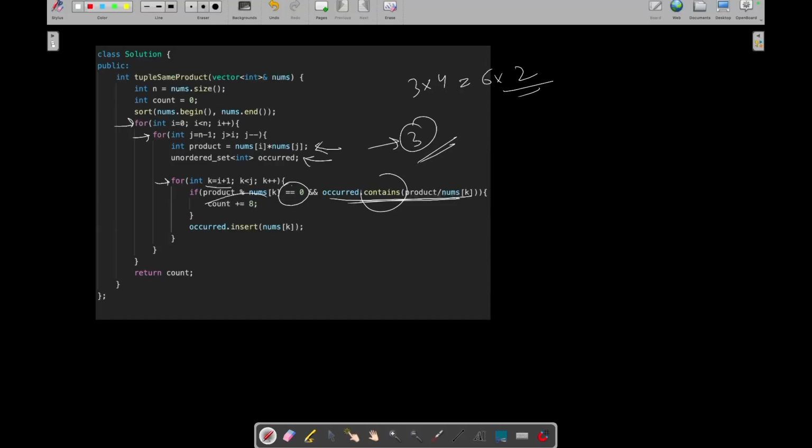So we will increment the count by 2 and we will insert that number in our set for further pairs, right?